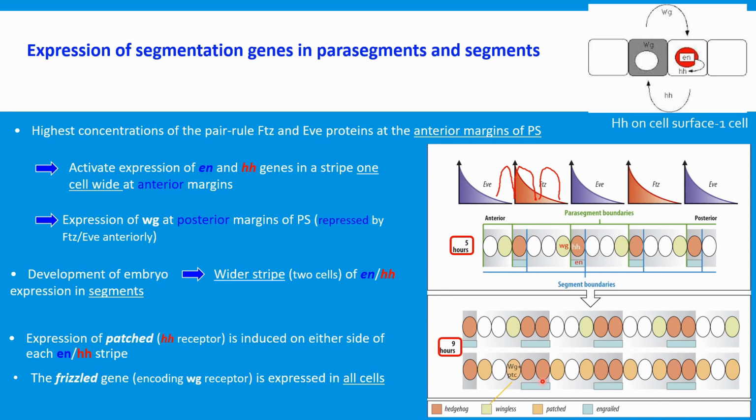And what this part of the diagram wants to indicate is that the signaling of hedgehog to the neighboring cells will induce the patched receptor in these flanking cells. As I said, it's still a wingless producing cell, but it also expresses the patched receptor. Meanwhile, the frizzled receptor is expressed in all of these cells, but wingless is just produced here.